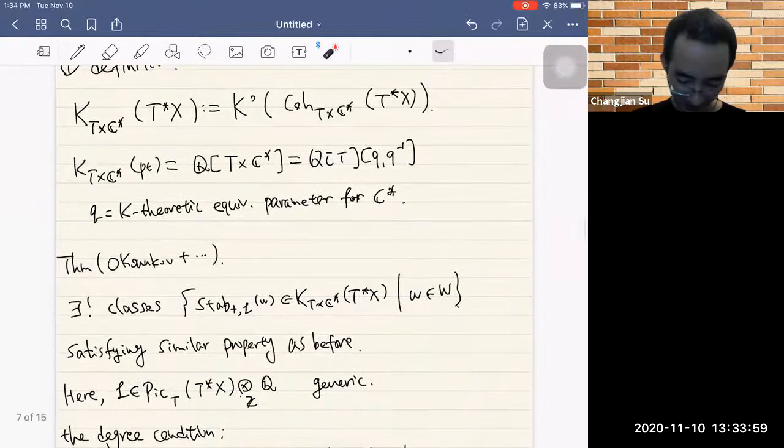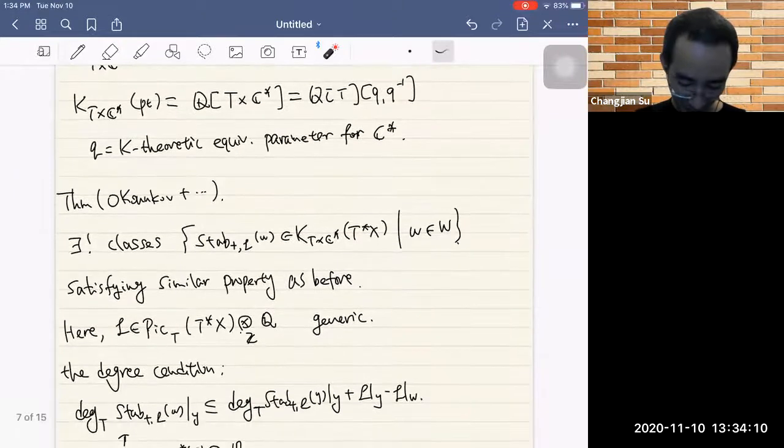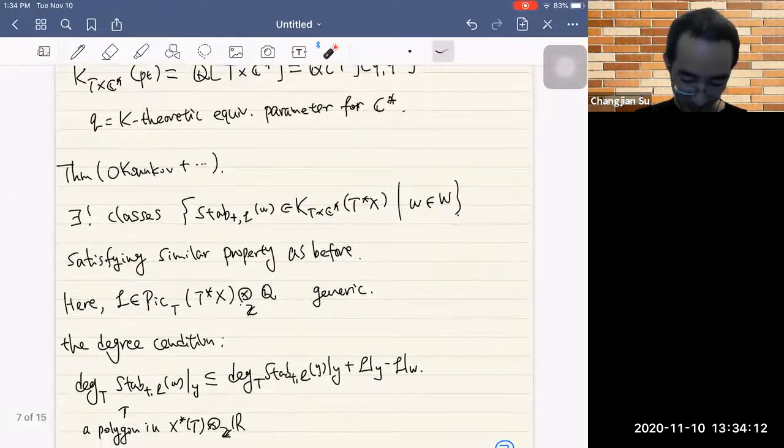Okay, so then the definition of the K-theoretical stable envelopes. This is the work of Okounkov and his many collaborators. In our case, this says the following. First of all, this will depend on the choice of some Weyl chamber, and it has an additional parameter L. L is some T-equivariant line bundle on the coordinate bundle of the flag varieties, tensored with the rational numbers.